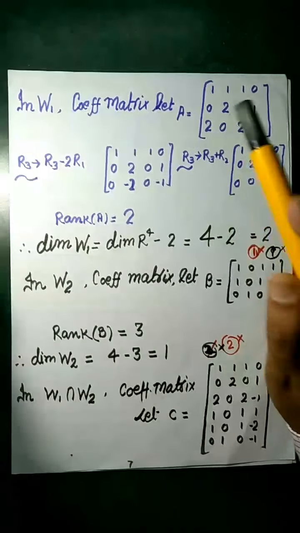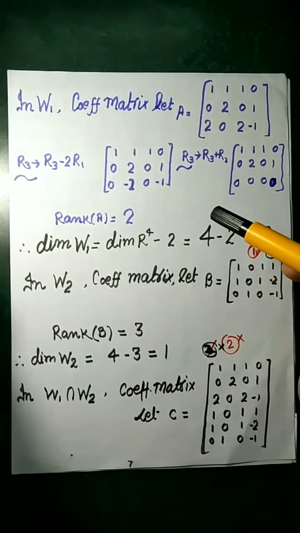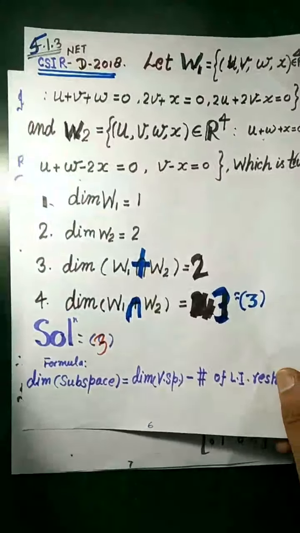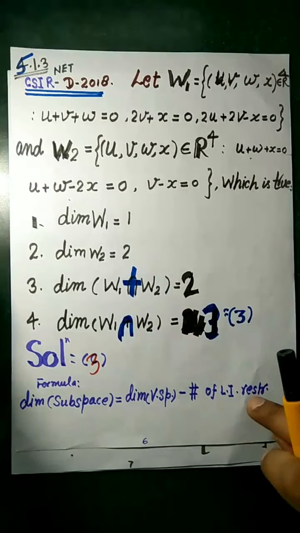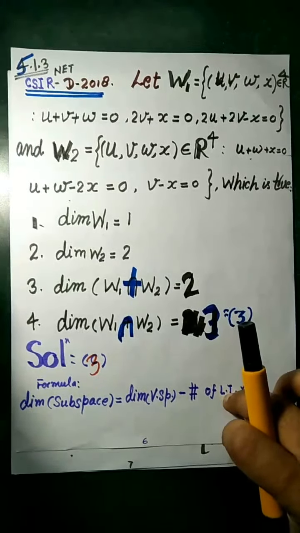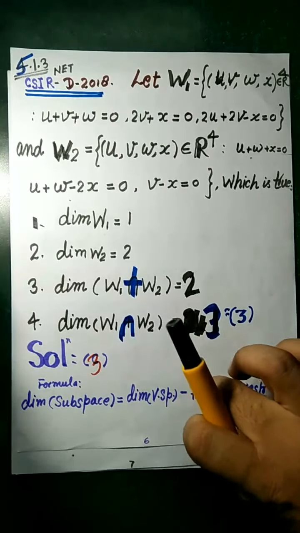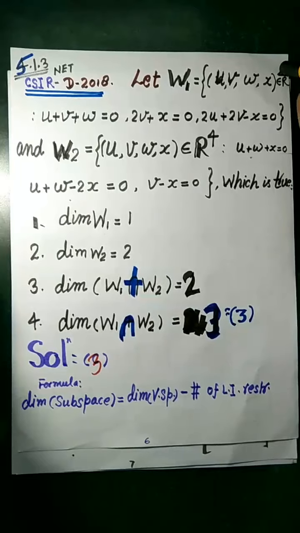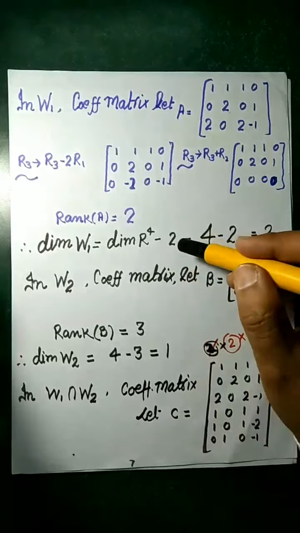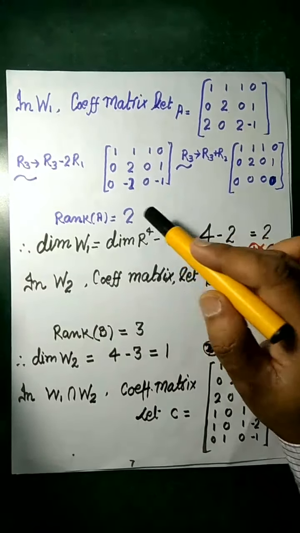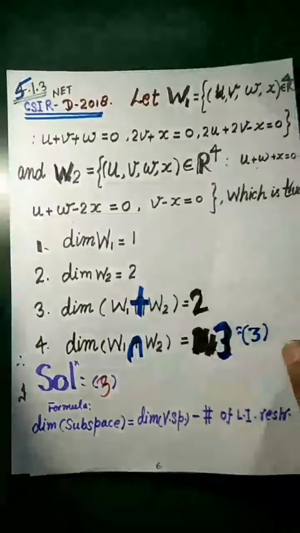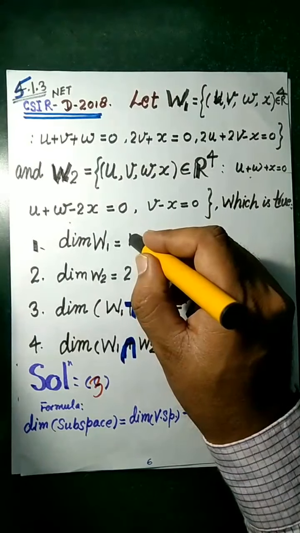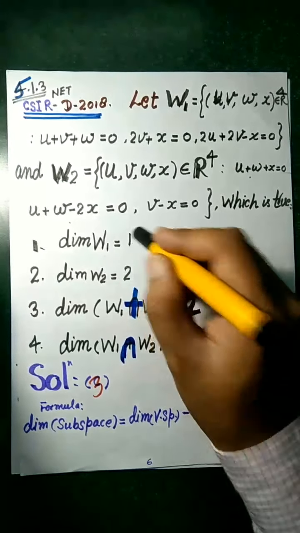Therefore, applying this formula, the dimension of the subspace equals the dimension of the vector space minus the number of linearly independent restrictions, that is the rank. So we subtract the rank from the dimension of R4. Now the dimension of R4 minus 2, which is the rank. So dimension W1 equals 2. Dimension W1 is 2, so the first option is not correct.